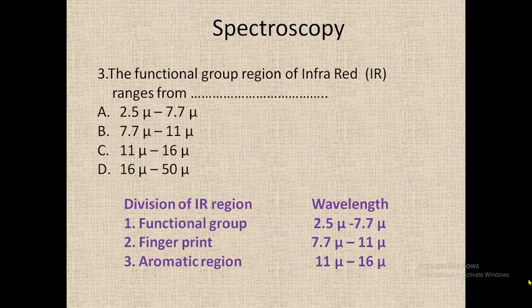Let's see the division of the IR region and the corresponding wavelengths. Functional group region ranges between 2.5 to 7.7 micron. Fingerprint region is 7.7 to 11 micron. Aromatic region is 11 micron to 16 micron. So the functional group region starts from 2.5 to 7.7, and option A is the correct answer.